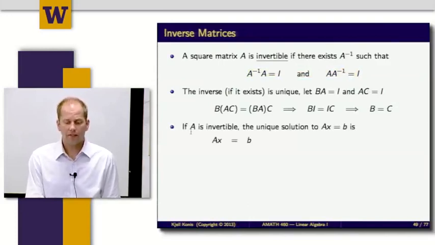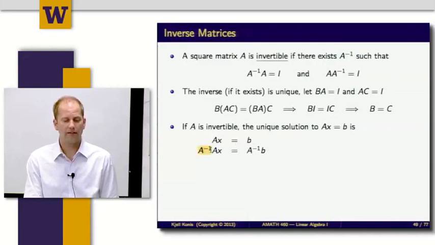So if A is invertible, then the unique solution to this system of equations is represented by AX equals B. I'll start off just by writing AX equals B. If A is invertible, then I have this matrix A inverse. So I'm going to pre-multiply both sides by A inverse.